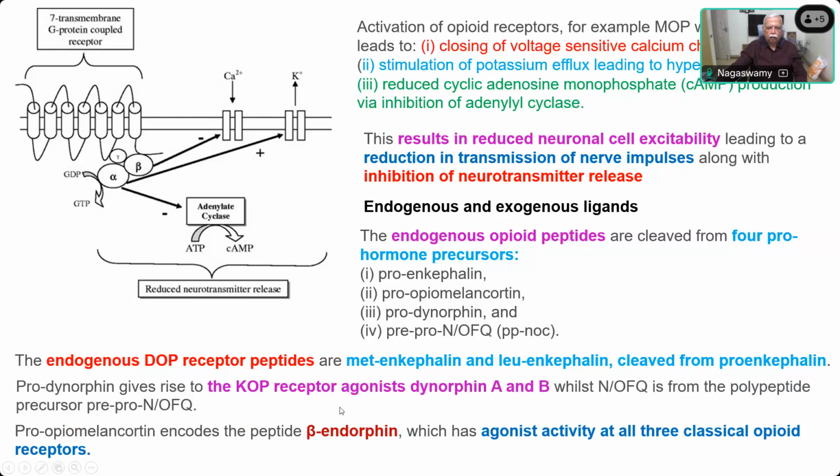So the amount of this endogenous peptide present determines a person's ability to tolerate pain. The classical example they used to give is a person living in the city. When he gets hurt, he feels the pain too much and makes a lot of fuss.